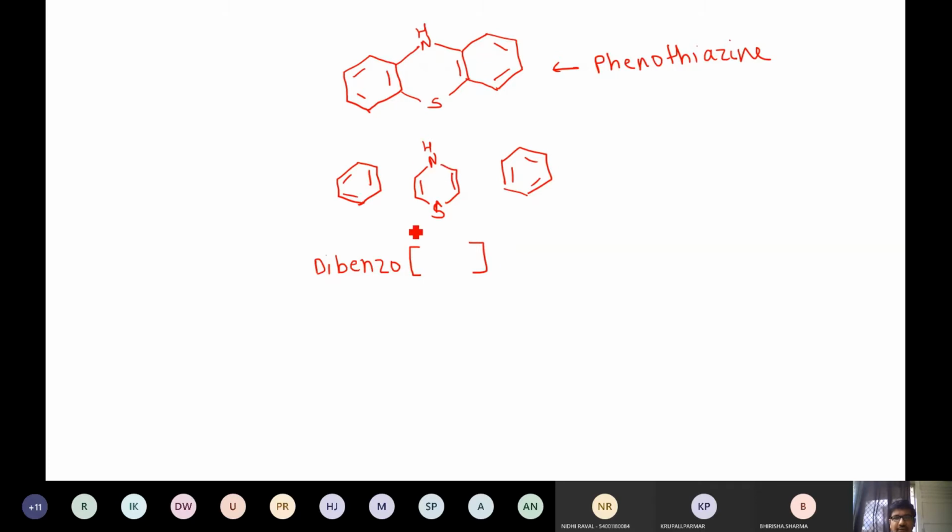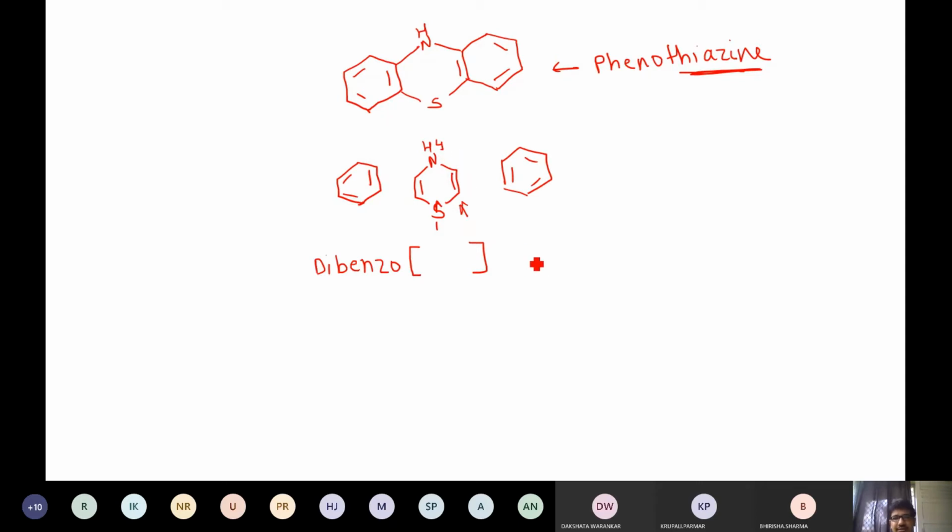And how will you name this particular system? The major ring? Sorry? Thiomorpholin. This is not thiomorpholin. Thiomorpholin is S and O. This is thiazine. And how sulfur and nitrogen are arranged? 1 and 4.